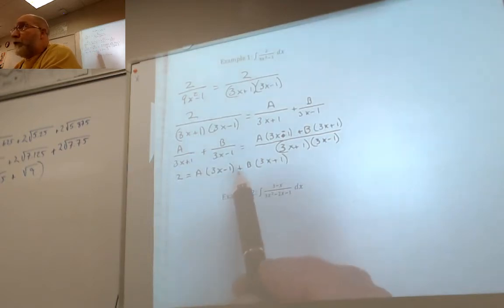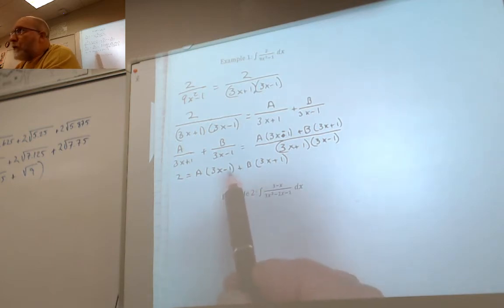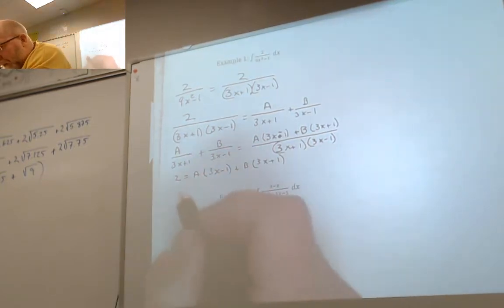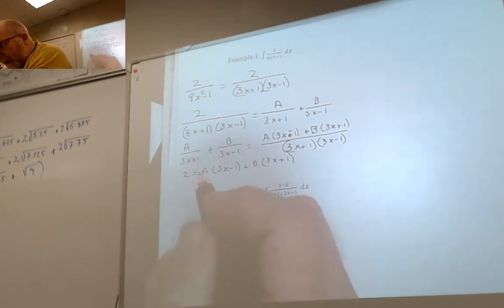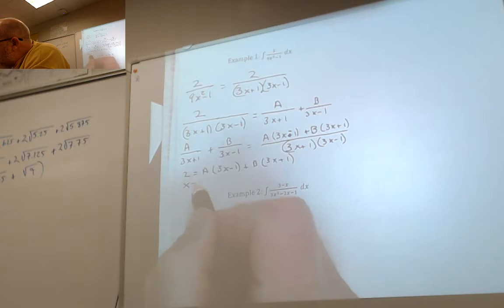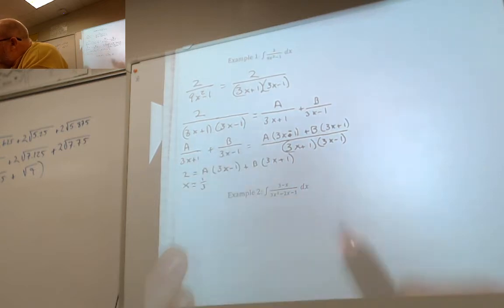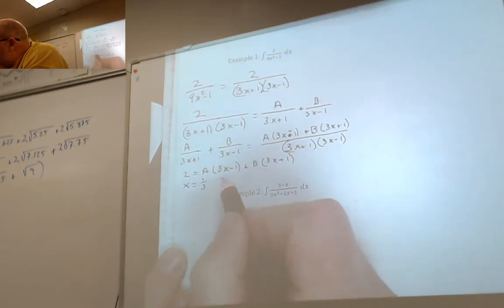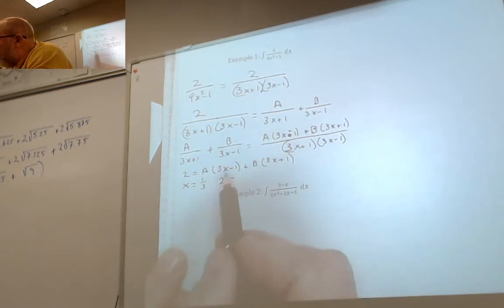Any x that I choose, that's going to be true. Well, the x's that I'm going to choose are the ones that create 0 in these quantities. So I'm going to say, all right, what is a or b if x equals a third? If x equals a third, I'm going to have 2 equals.